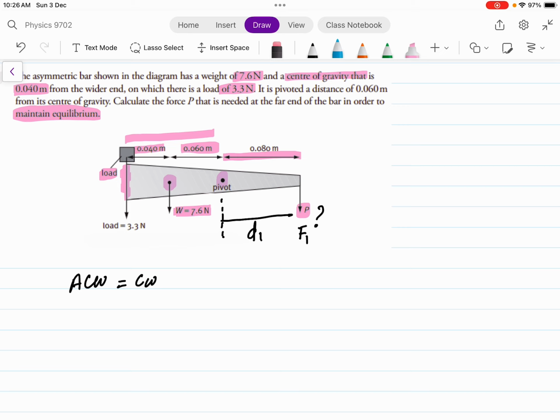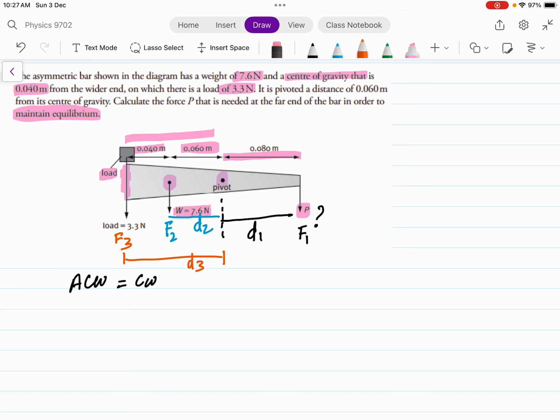Then this weight W acting from the pivot, I'll call F2, and the distance of F2 from the pivot is D2, which is given as 0.06. Then I'll consider the last force, which is the load F3, and I know that the distance of this load from the pivot is D3. Now this is done.